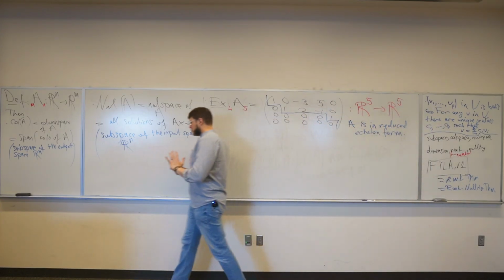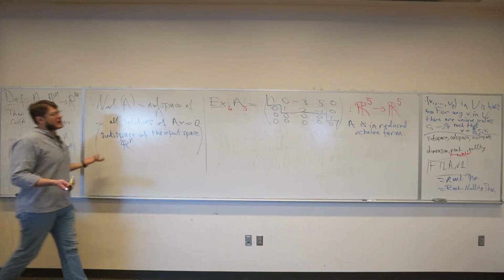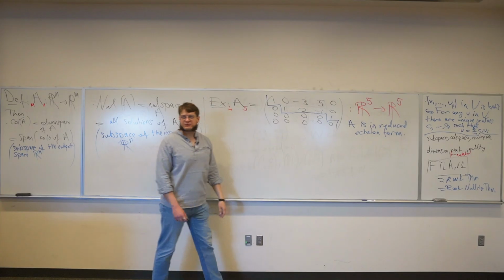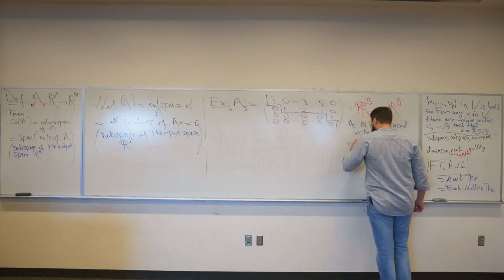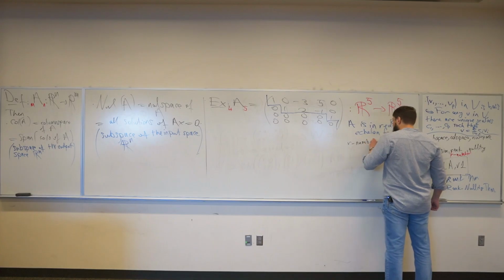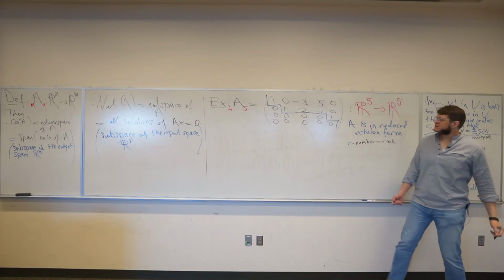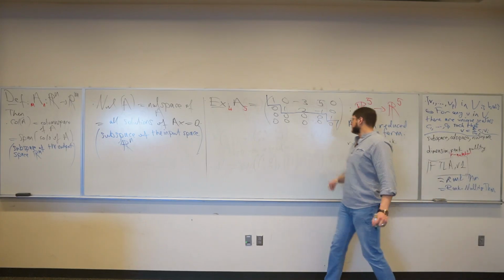What else can I say? What is the rank of this matrix? 3. Why? Because I just look at how many steps there are: 1, 2, 3. 3 steps. Rank is the same thing as the number of pivot columns. This is a pivot column, this is a pivot column, this is a pivot column.